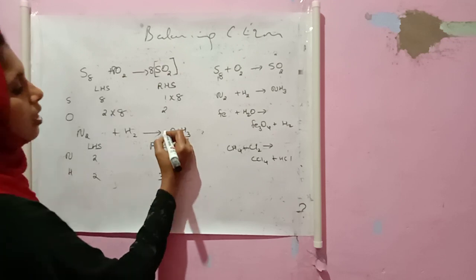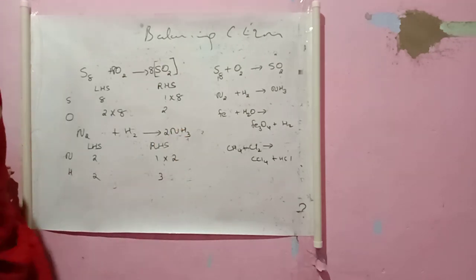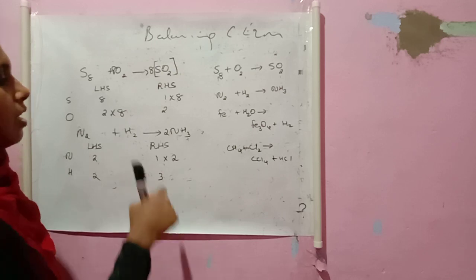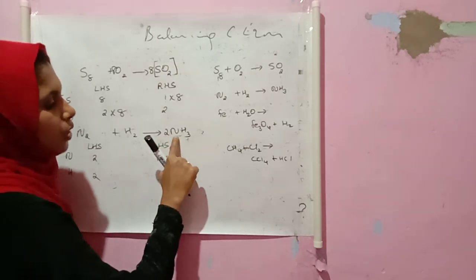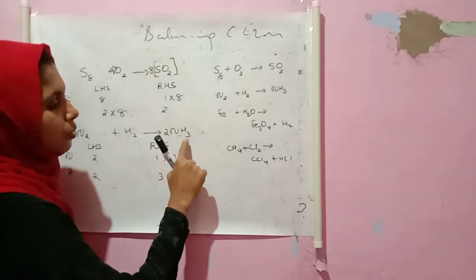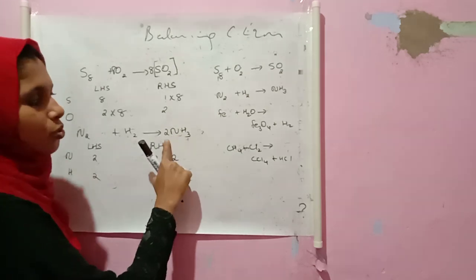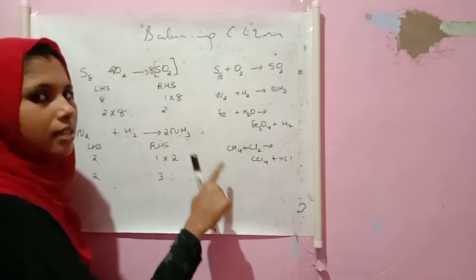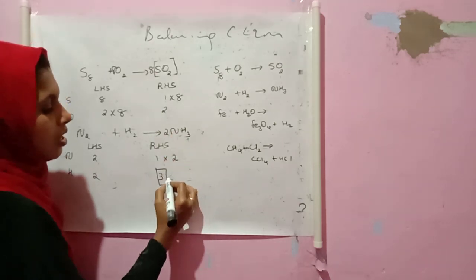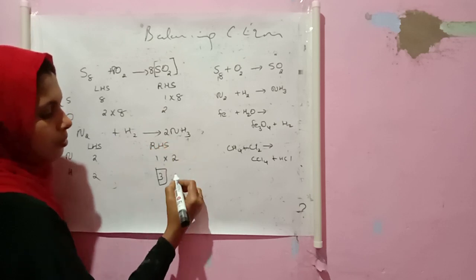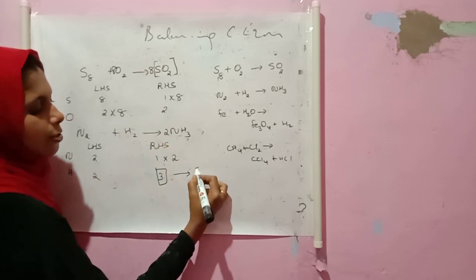So what do we get? 2 into NH3. Now notice, 2 into NH3 stands for 2 nitrogen atoms and 2 into 3 hydrogen atoms, that is 6 hydrogen atoms. This means that on balancing nitrogen, the hydrogen atoms changed from 3 to 6.